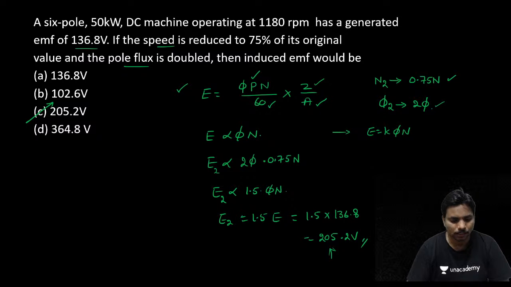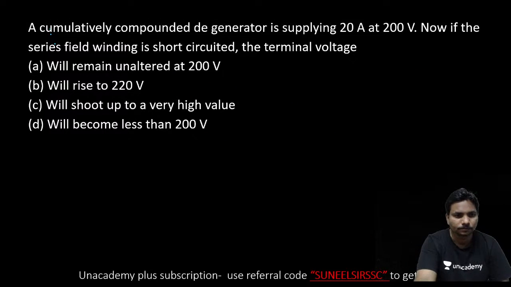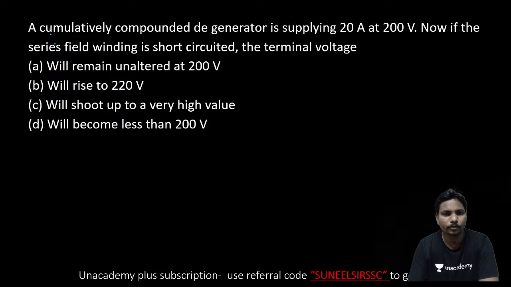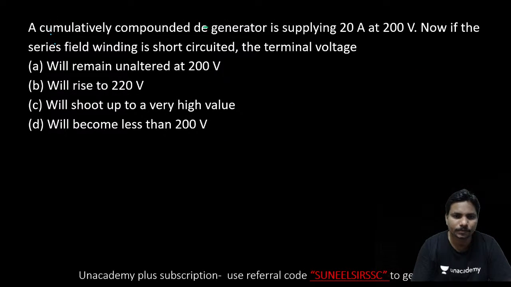Coming to the next one. A cumulatively compounded DC generator delivers 20 amps at 200 volts.